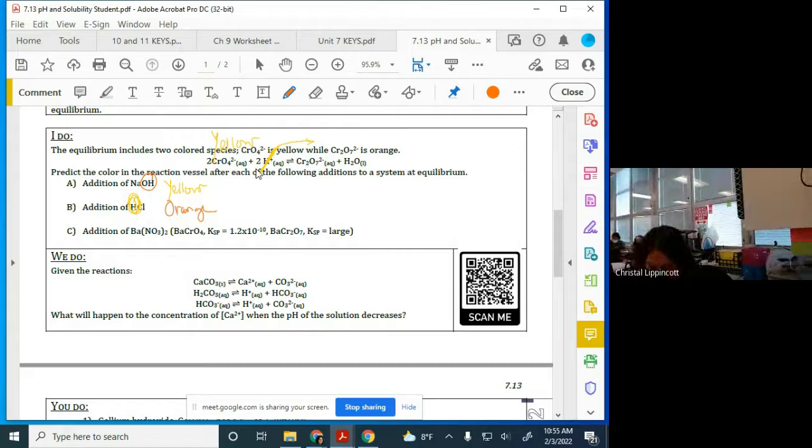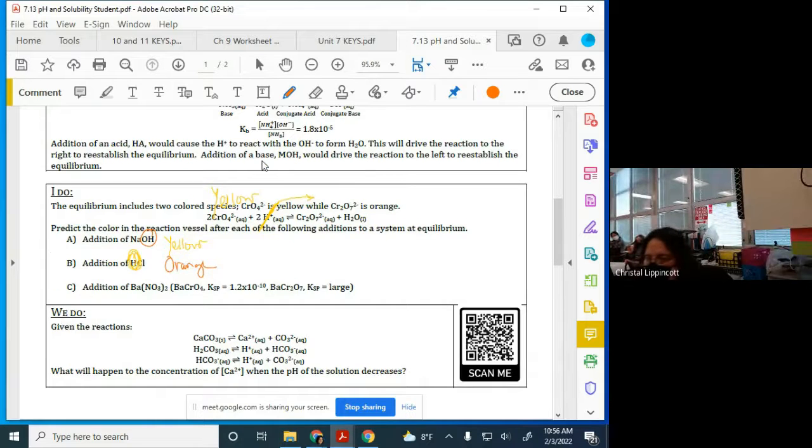So only bases connect to stuff? No, H's connect too. Let me just think here.